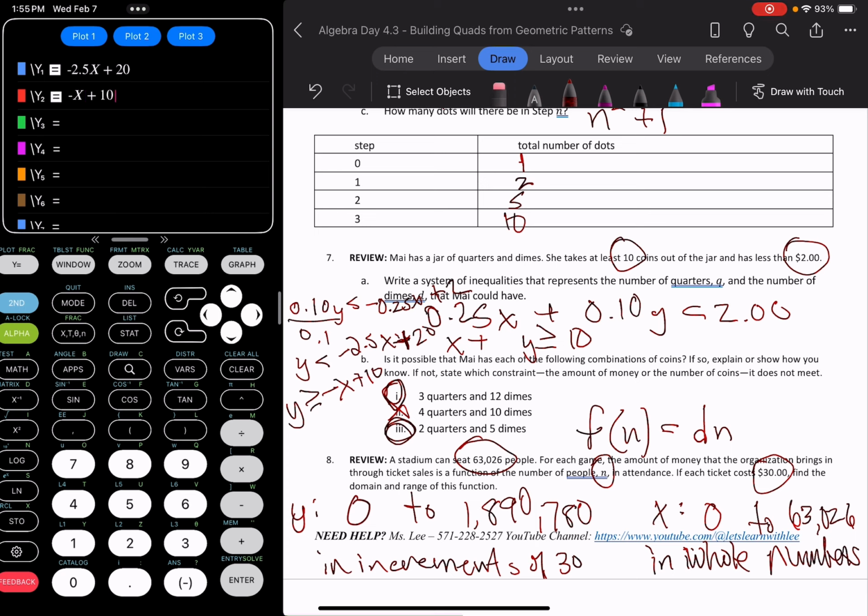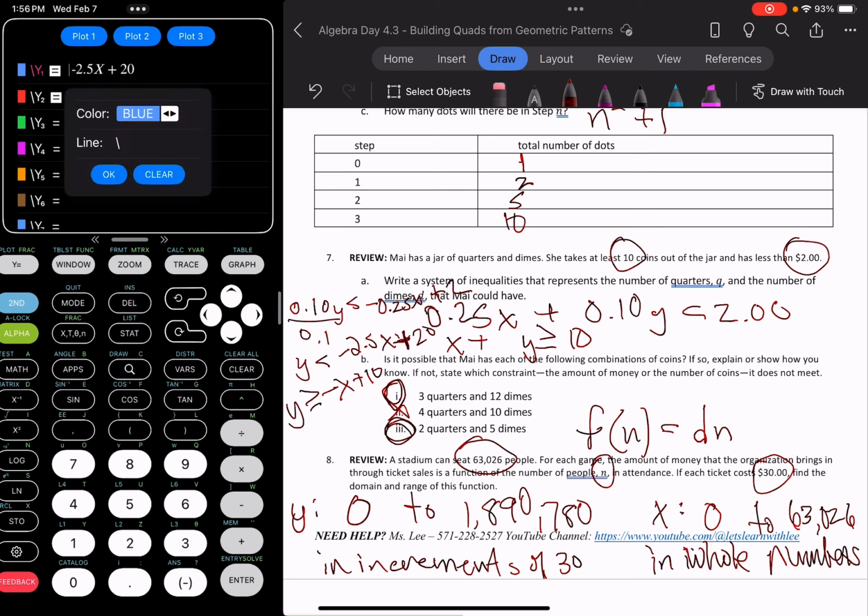Now, I do also want to name that this is a review of how to use your calculator. We can go over here to this part and I can change what kind of line I'm looking at. So I said less than, so I should have a lower triangle.